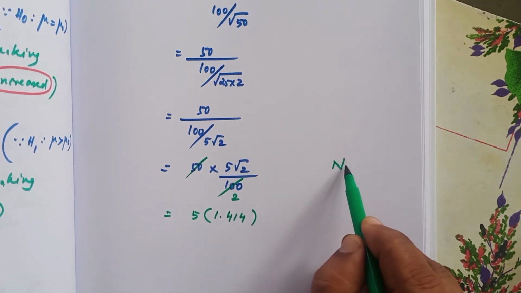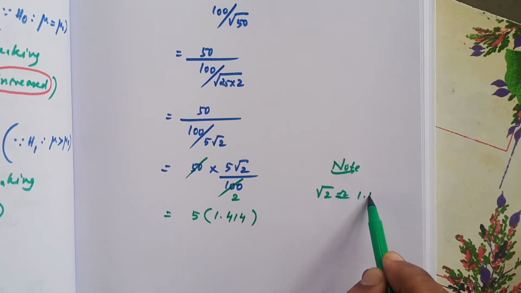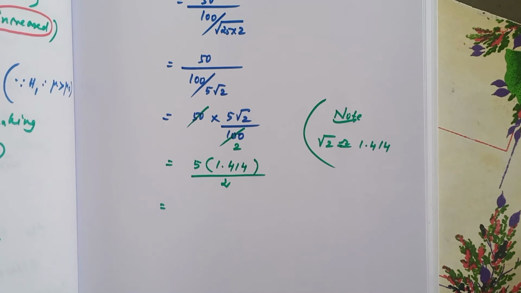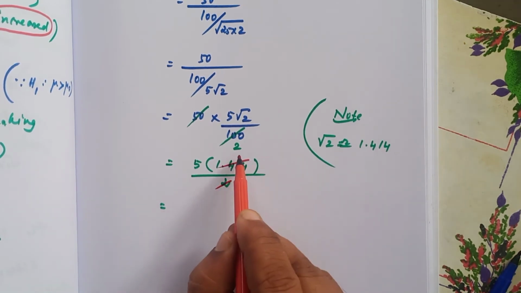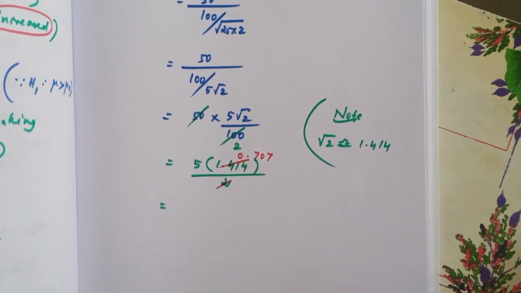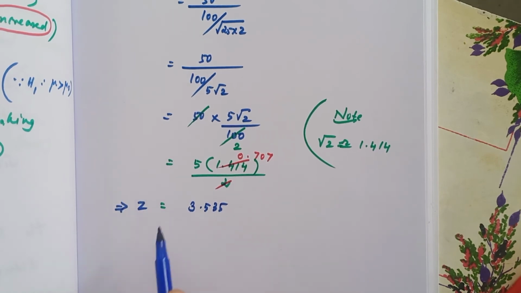Before multiplying you can simplify: 1.414 divided by 2 is 0.707. 0.707 into 5 equals 3.535. That is the value of Z.